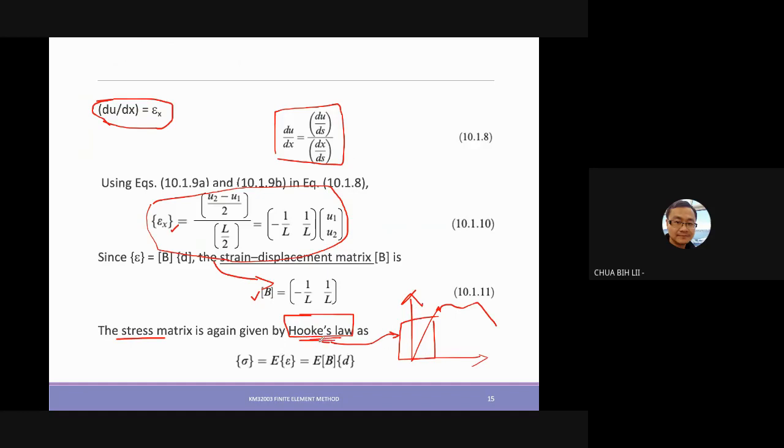Based on Hooke's law, stress equals the Young modulus multiplied by the strain, and we know that the strain equals BD. So you just have to put in all the matrices that you formulated earlier, and you should be able to obtain the stress.